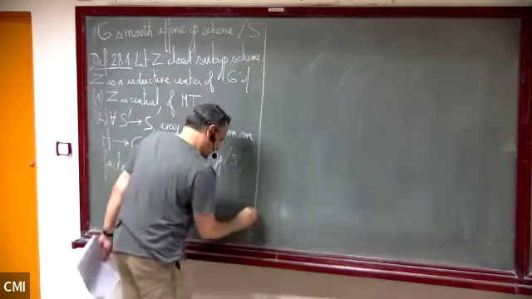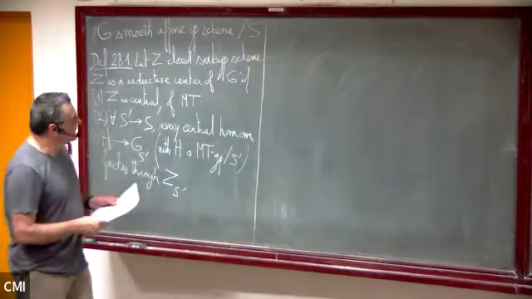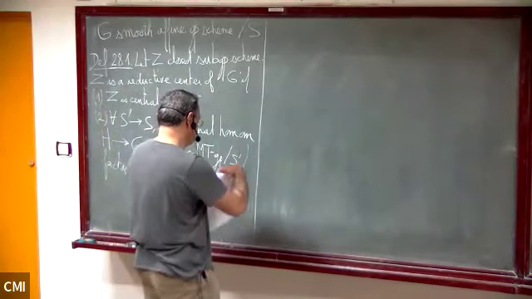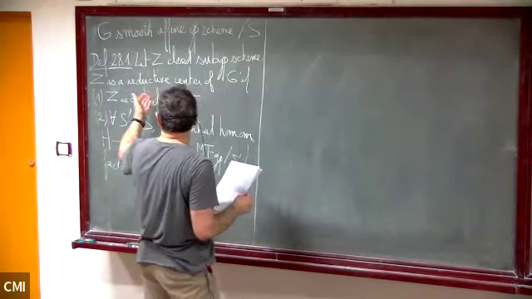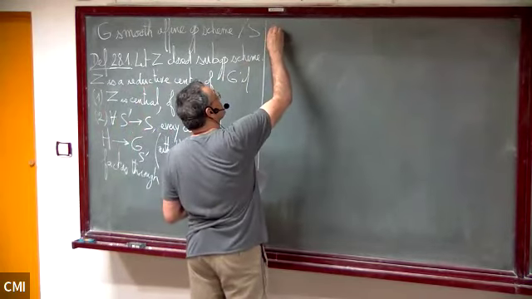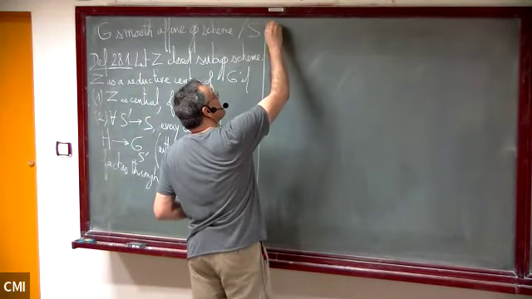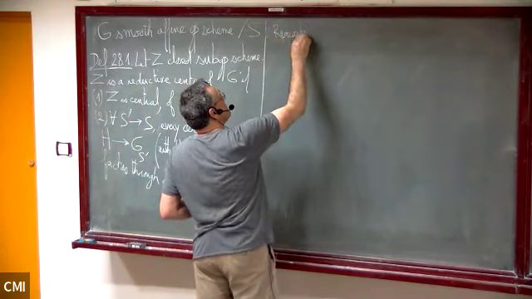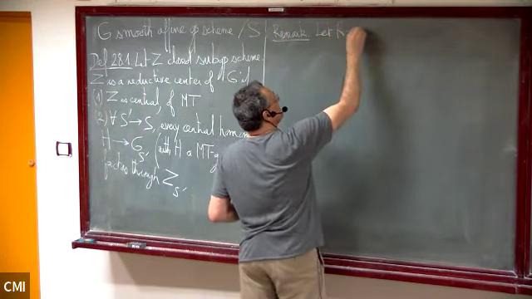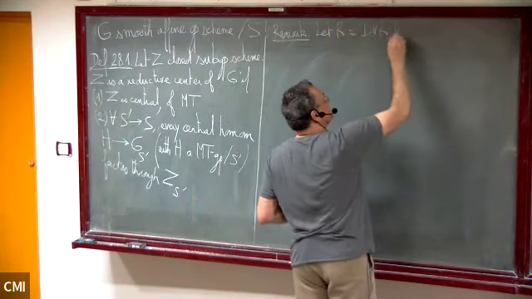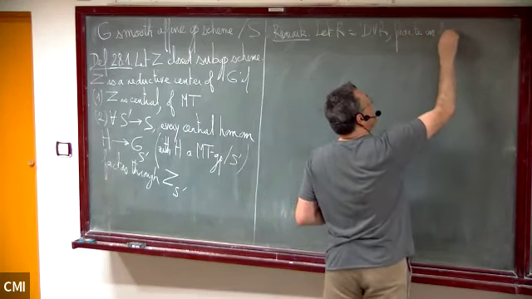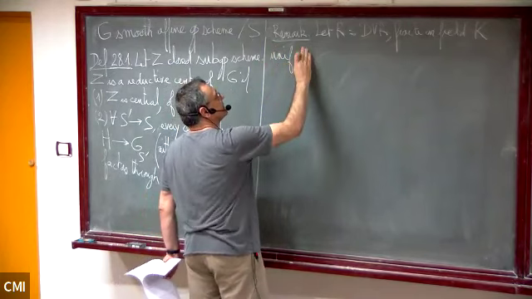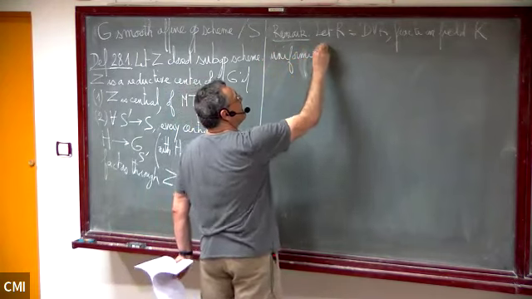Okay, so just one remark. Let R be a discrete valuation ring with spectrum field K and uniformizing parameter.